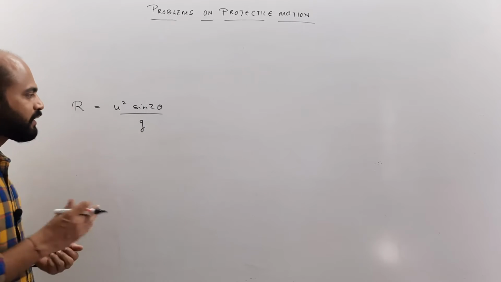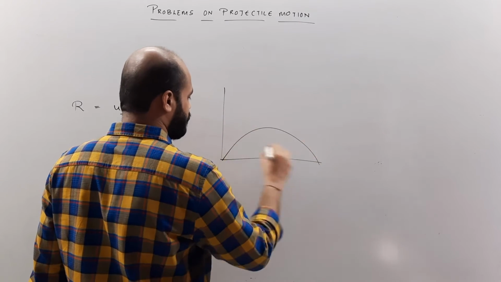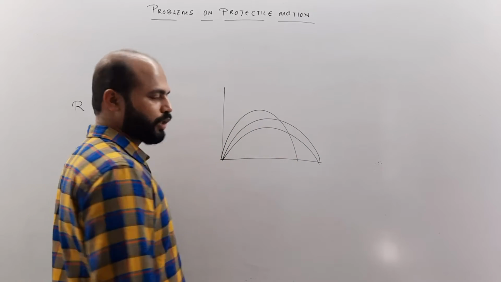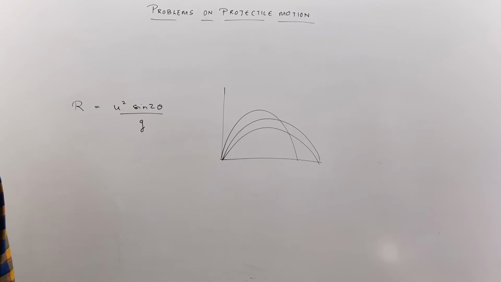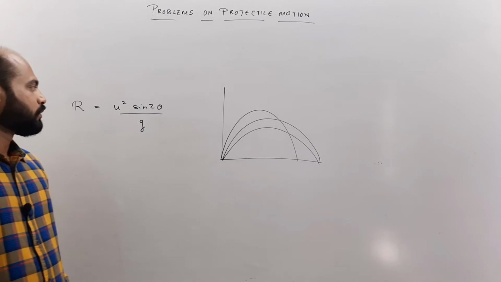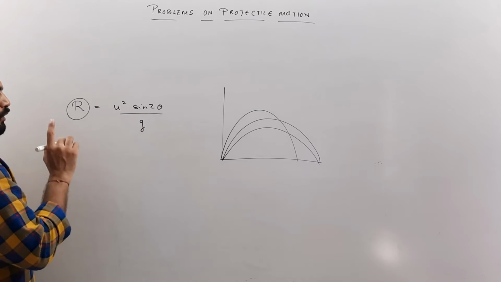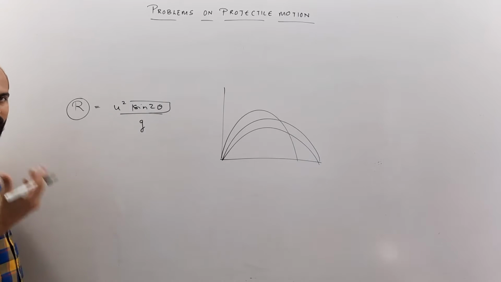As you vary the angle, the projectile's path is also going to change. So what matters now is the angle at which we are firing. So to have this maximum, the only parameter is this. So this has to be maximum.